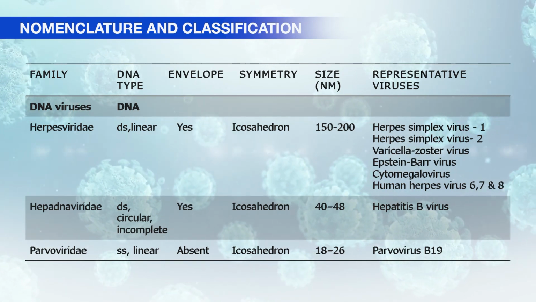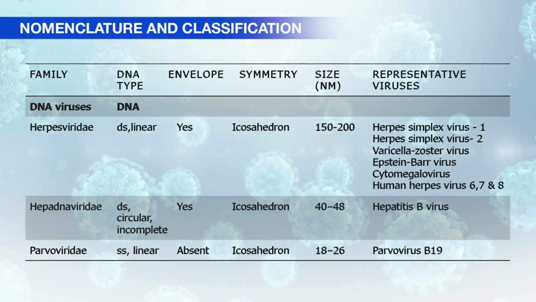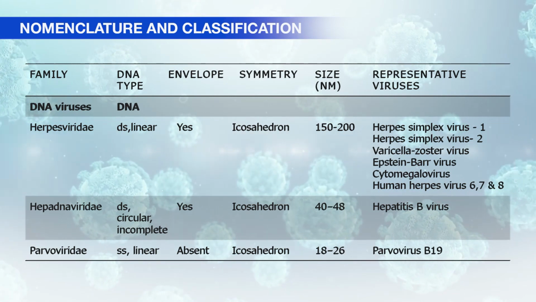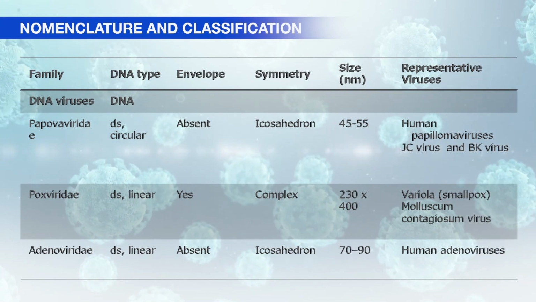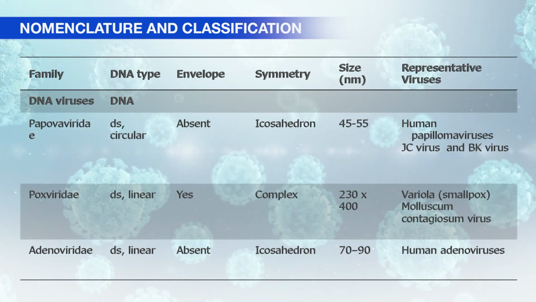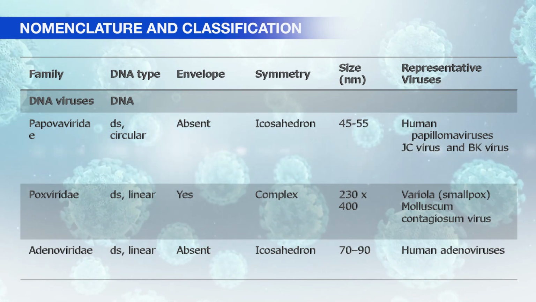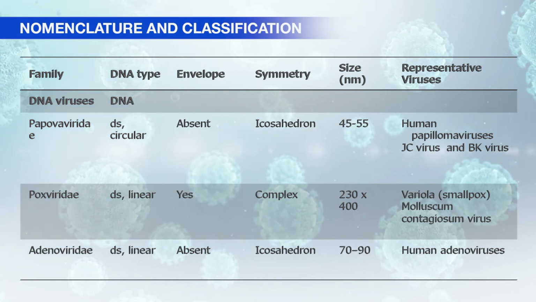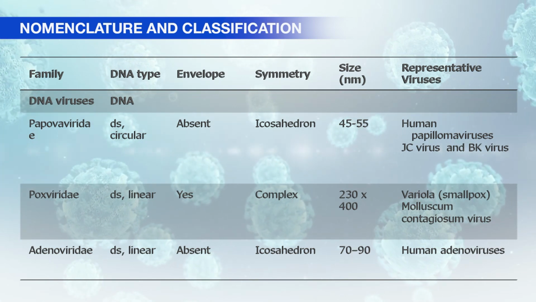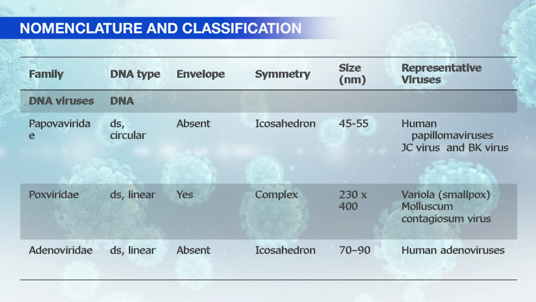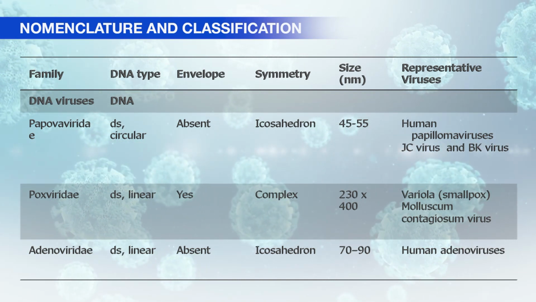But as we look into the tabular form, the Hepadnaviridae family has a double-stranded, circular, incomplete DNA type, which is seen in hepatitis B. The Papovaviridae family has double-stranded circular DNA; the envelope is absent and the symmetry is icosahedral. A complex symmetry is seen in the DNA virus family Poxviridae, wherein the DNA is double-stranded and linear. Variola and molluscum contagiosum virus come under this family.